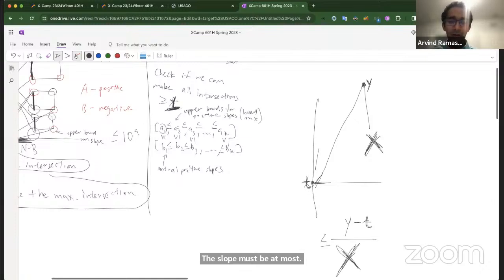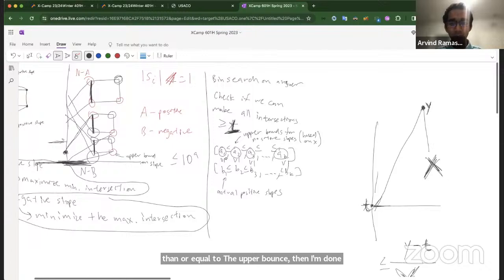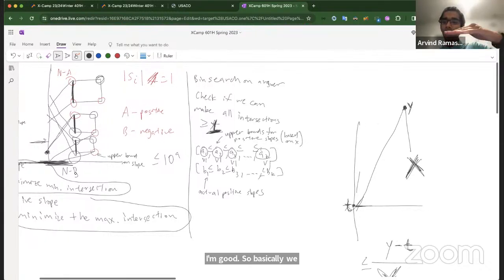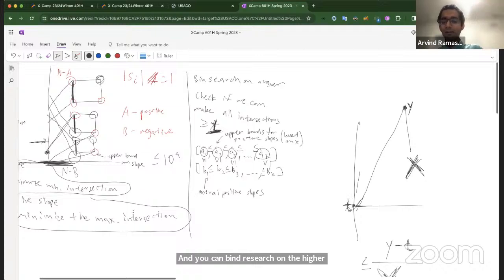So I have all these upper bounds for the positive slopes, and I have my actual slopes, which I get from the input SI. If I have these in sorted order and each is less than or equal to the upper bounds, then I'm done. So we can binary search on the lower endpoint and try to maximize it. You can binary search on the higher endpoint in a similar way and minimize the higher endpoint.